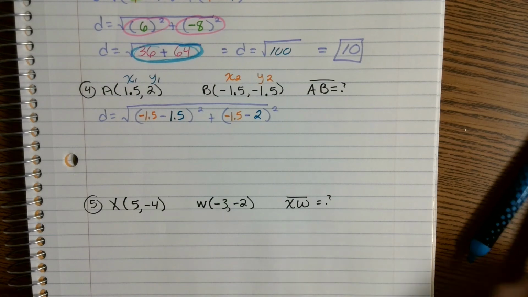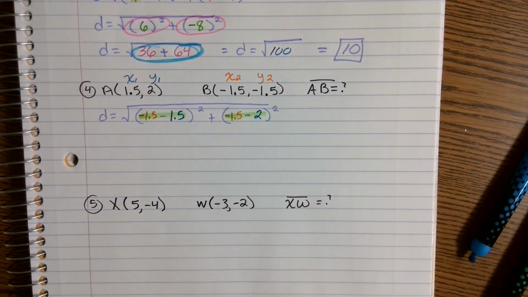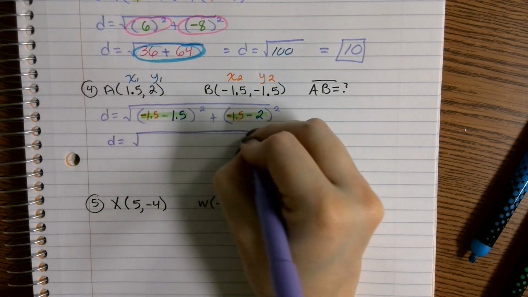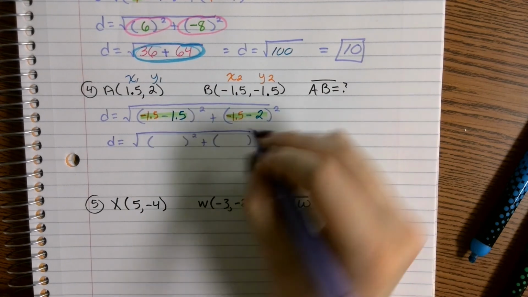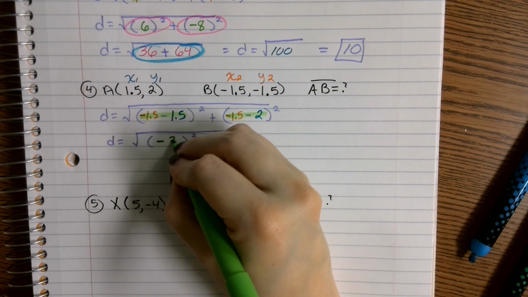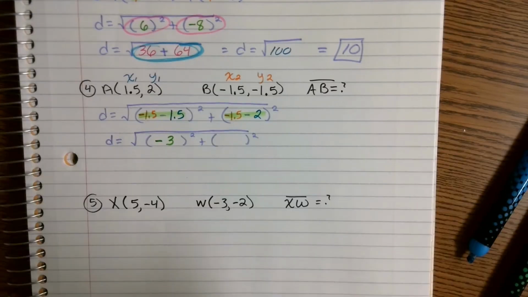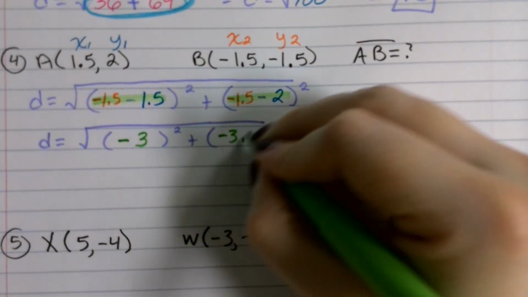So the first thing that we need to do is that subtraction. Those of you sometimes think you know your subtractions. You might not know them as well as you think. So when we take the difference between negative 1.5 and 1.5, that's going to give you a negative 3. And then negative 1.5 minus the 2 is going to give you a negative 3.5.